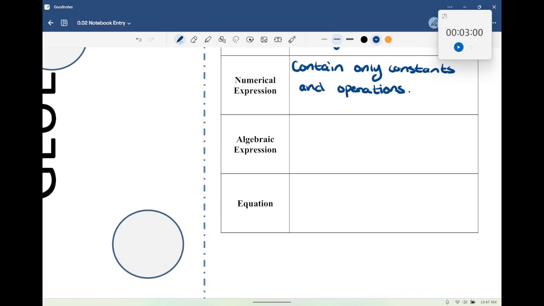And so algebraic expressions contain variables, constants, and operations. Again, they contain variables, constants, and operations.